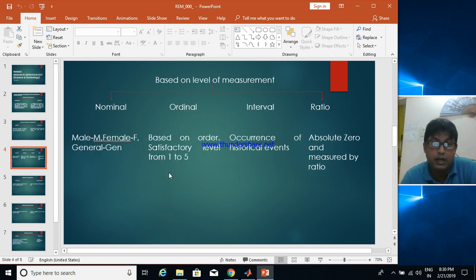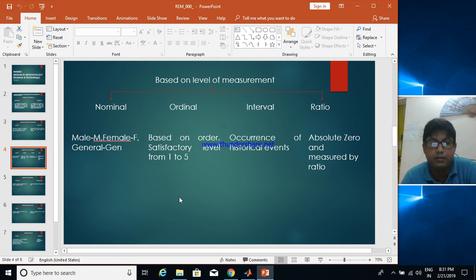Now based on the level of measurement, that is, the measurement scale we use. In statistics there are several types of measurement scale: nominal scale, ordinal scale, interval scale, ratio scale. Based on this scale, your variable can be classified.